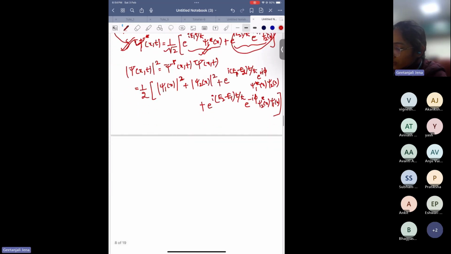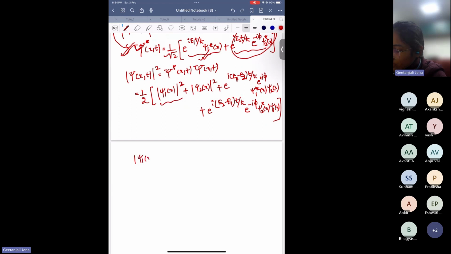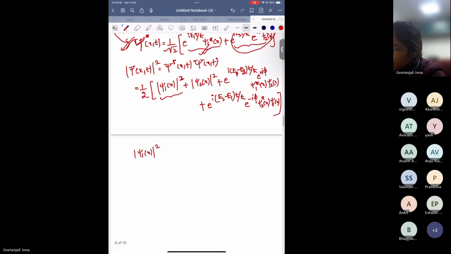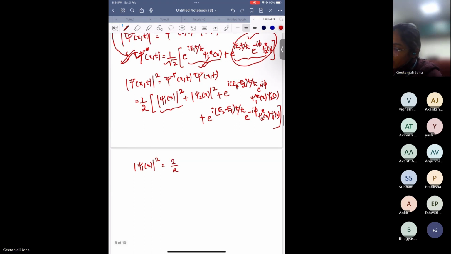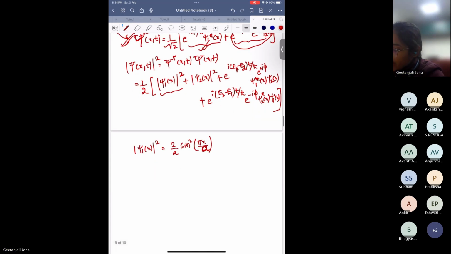So now let's solve it one by one. This is one term, so psi 1 x square. This is nothing but 2 by a sine square pi x by a. And psi 2 x square will give 2 by a sine square 2 pi x by a.